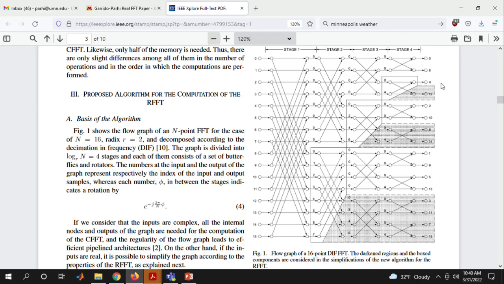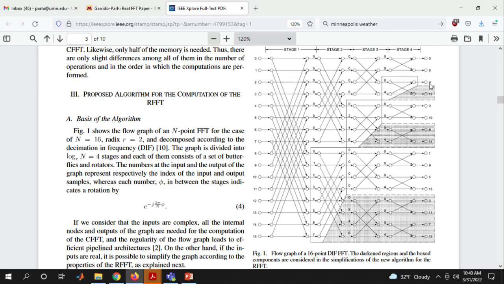So in a way, if you recall what is this coefficient x0, coefficient x0 is just the sum of all the inputs. So that's a real quantity. Similarly, x8 is 0 minus 1 plus 2 minus 3 etc. So that's also a real quantity. So 0 and 8 are real coefficients. That means their imaginary value is 0.